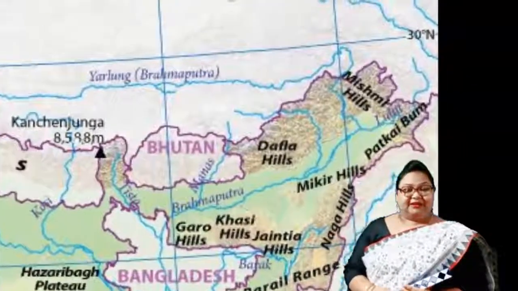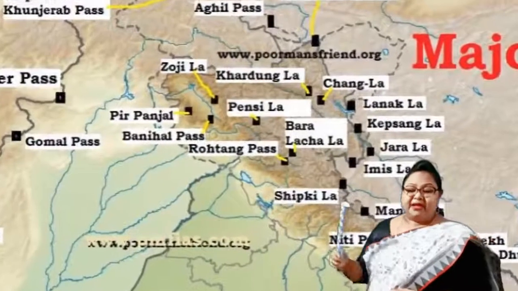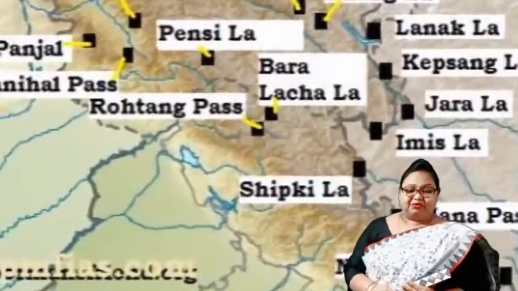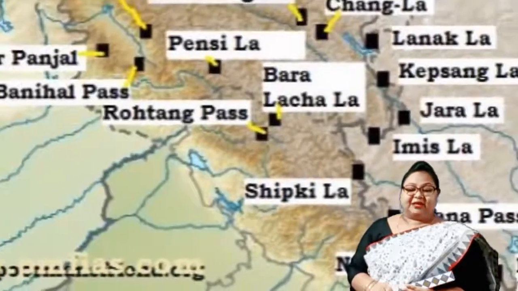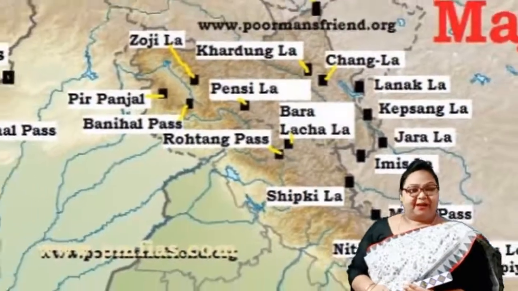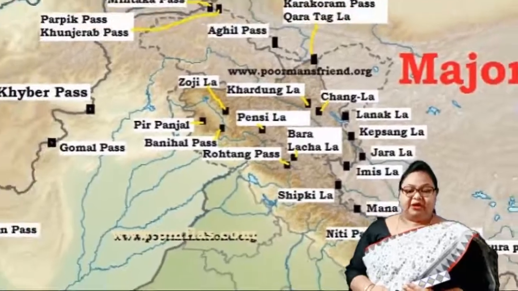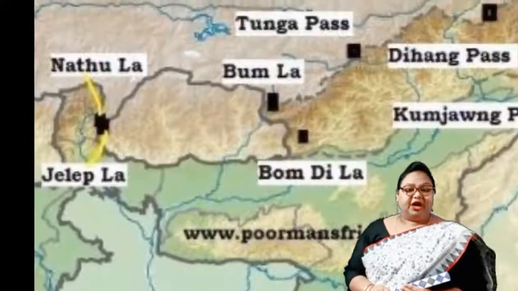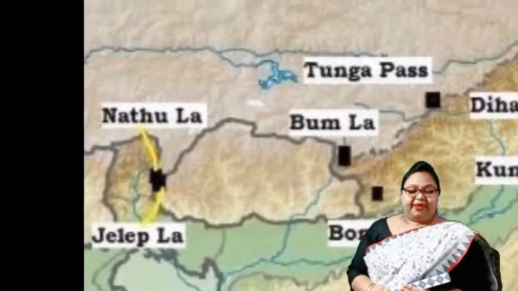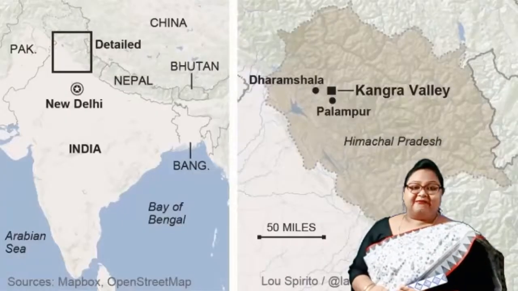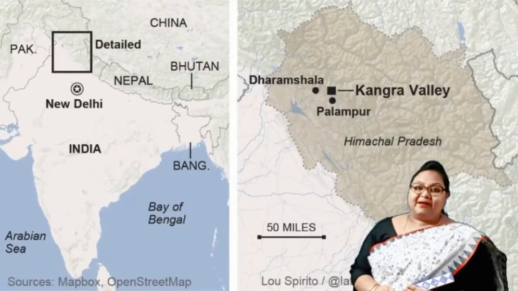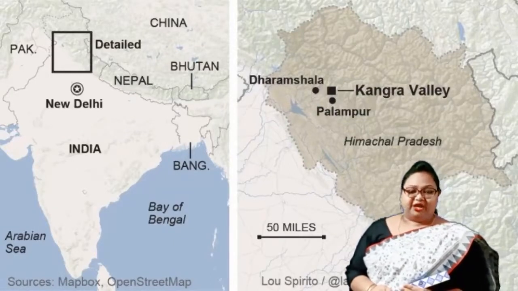And there are many passes in between these mountain ranges, like Shipki La Pass in Himachal Pradesh, Nathu La in Sikkim and Bomdila in Arunachal Pradesh. There are also many valleys found here, like your Kashmir Valley and your Kangra Valley in Himachal Pradesh.